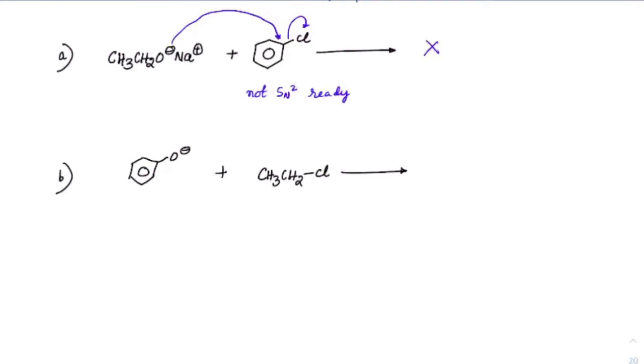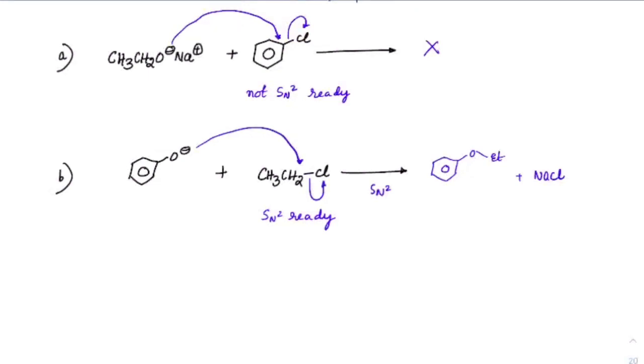See the second reaction. Yes, this is SN2 ready because it is a primary position. All the features we are expecting are matching, and it is chlorine, not fluorine. So when the attack happens on this carbon, chlorine will leave by SN2 mechanism and the product is formed this way. So OEt, and the product formed here would be NaCl.